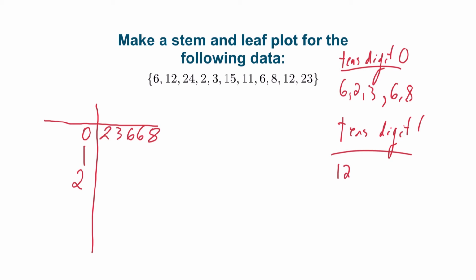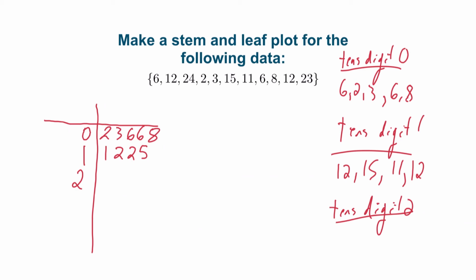So 12, 15, 11, and 12 again. So I put 1 there, 2, 2, 5. And then lastly, tens digit 2. 24 and 23. So 3 comes before 4.